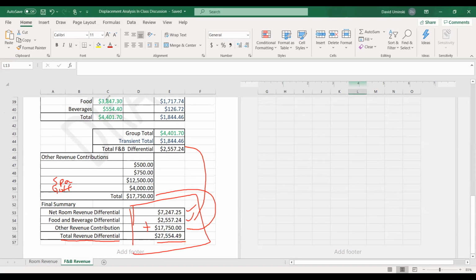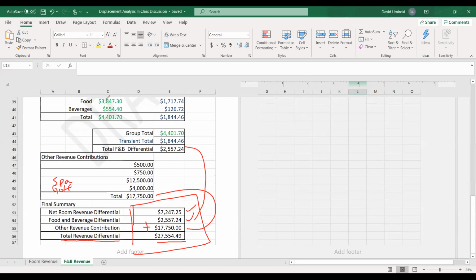$27,500 if we're only going to displace 60 guests? So you really have to figure out, this is where you as a revenue manager come into play, to say yes, this is worth this business, or this is not worth this business.